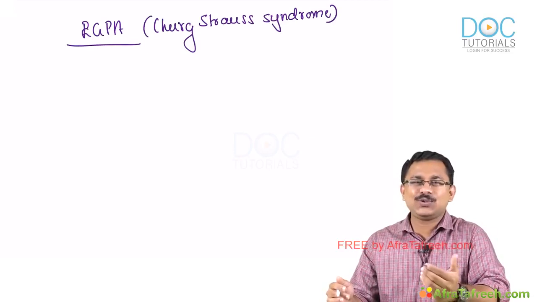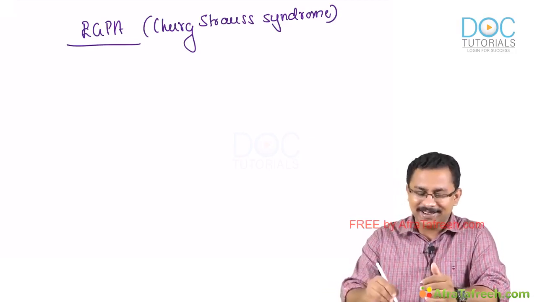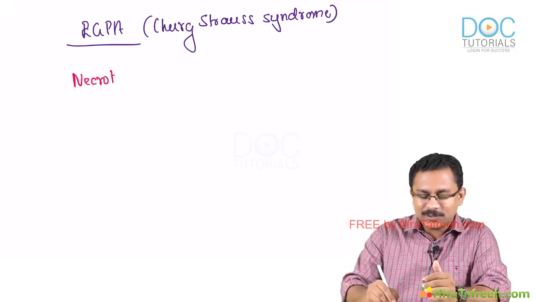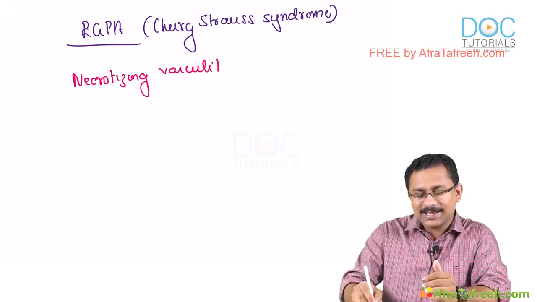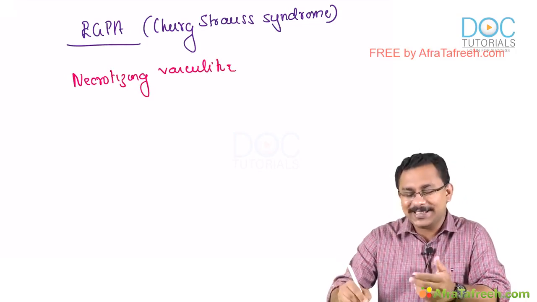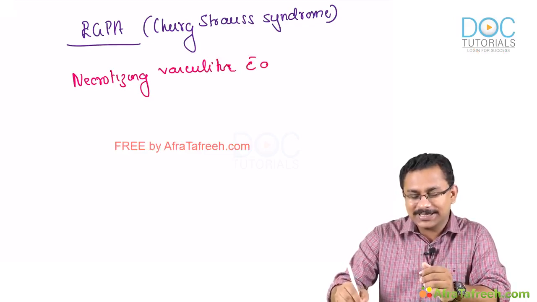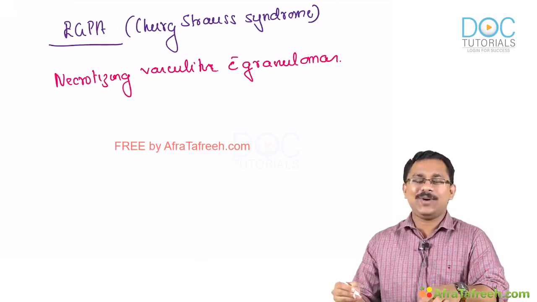Let me first start by saying that this is a necrotizing vasculitis, as is common to all ANCA associated vasculitis. But this necrotizing vasculitis is associated with granulomas. Remember, microscopic PAN, no granulomas.